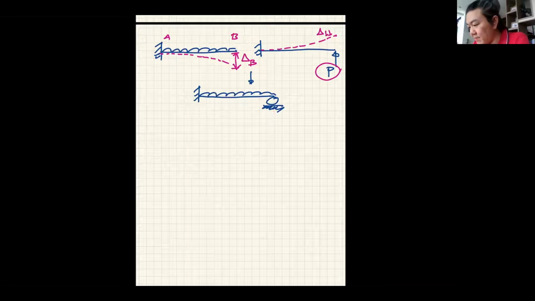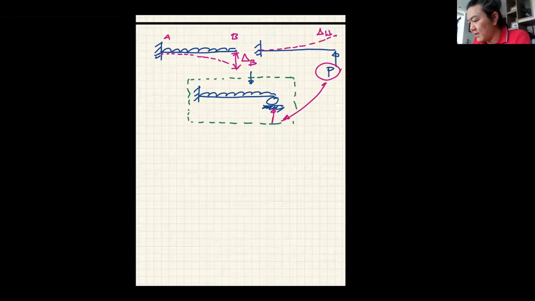So the reaction of the roller is equivalent to this load P. So you can view this situation, which may look like a complicated structure here, as a typical structure like this with the load to help secure the zero displacement at the roller.